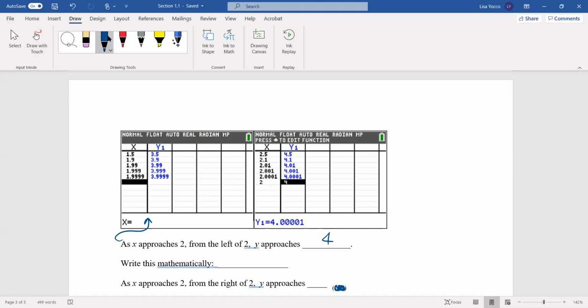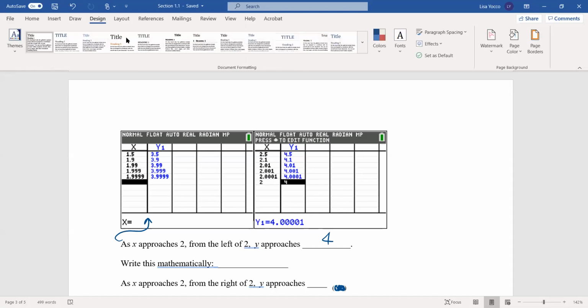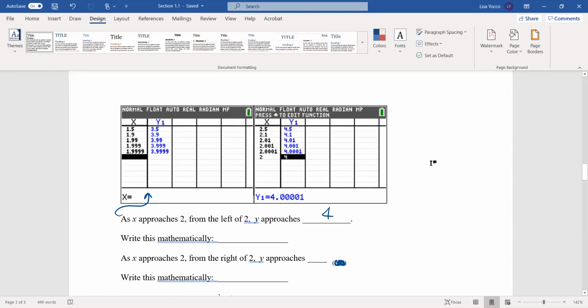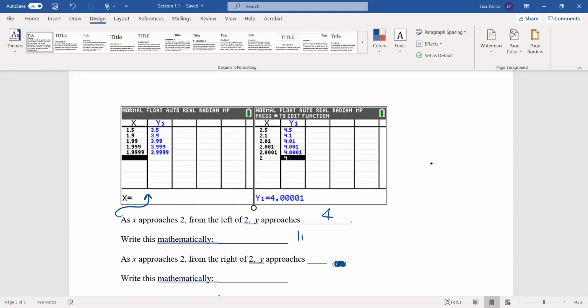All right, and then mathematically write it in limit notation. We would say the limit as x approaches 2 with a little negative symbol, which means from the left, equals 4. The limit as x approaches 2 from the left equals 4.